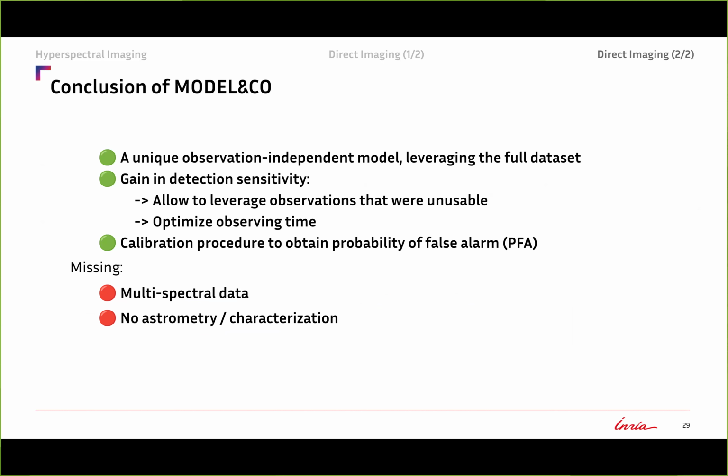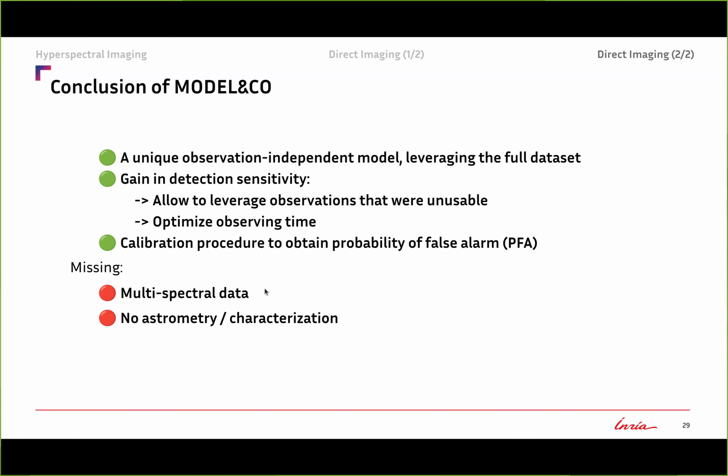Because there are some non-linearities involved, and it's hard to know when you minimize the residual exactly, because this region is very flat in the optimization landscape. So you don't really know where is the best flux that minimizes the residuals. So it was not working very well for astrometry and characterization.